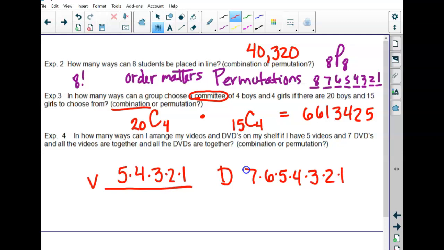I would never ask you this question on a quiz, by the way. So 5 factorial, I might be able to do that in my head. 120 maybe? 7 factorial, I feel like we already did that one. I don't remember what it was. 5040. Okay.